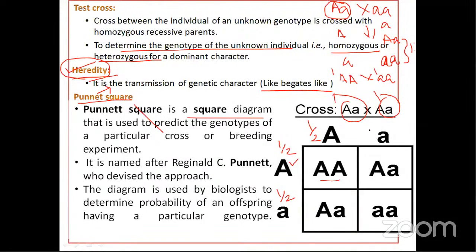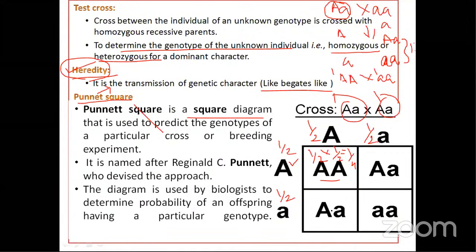So whenever we are going for any sort of calculation, you have to multiply the frequencies. Over here, half cross half, that is the frequency of this particular thing: 1 by 2 into 1 by 2 means 1 by 4. Similarly this is 1 by 4, this is 1 by 4, this is 1 by 4, this is 1 by 4.